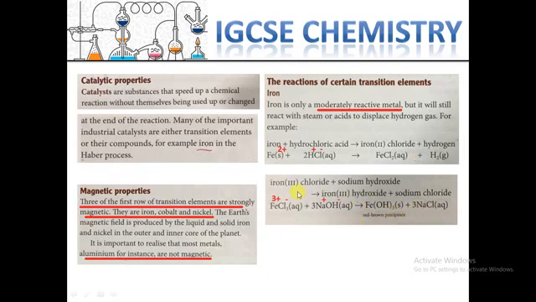Another reaction under this category is iron 2 chloride with sodium hydroxide. This is a base and it has two sides, positive and negative.